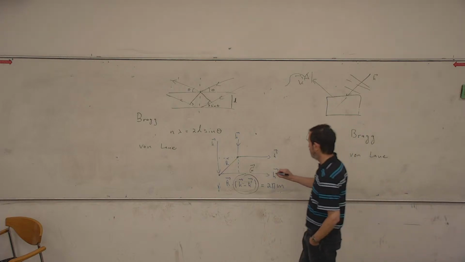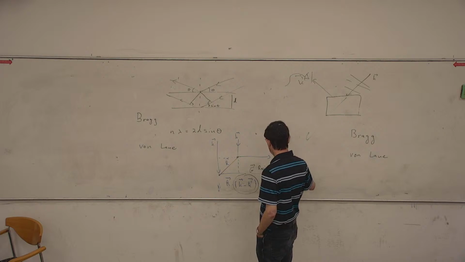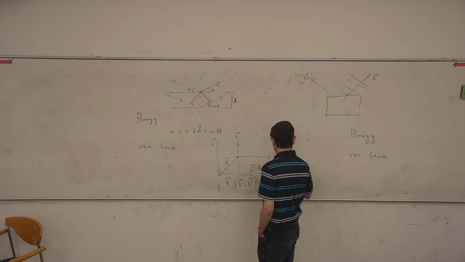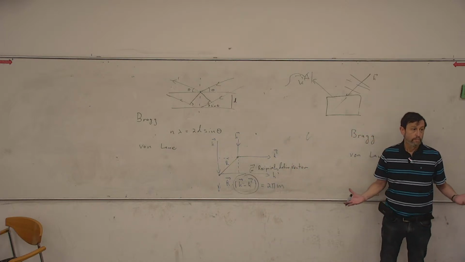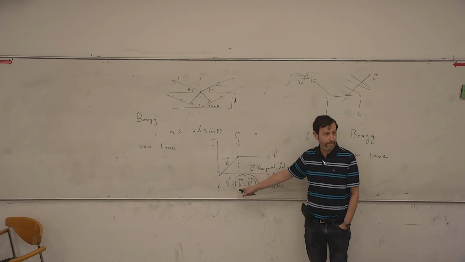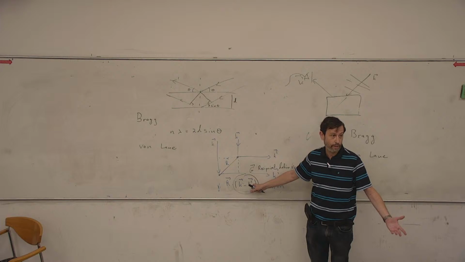And G is a reciprocal lattice vector. So all I need to know is whether k minus k prime is a reciprocal wave vector.